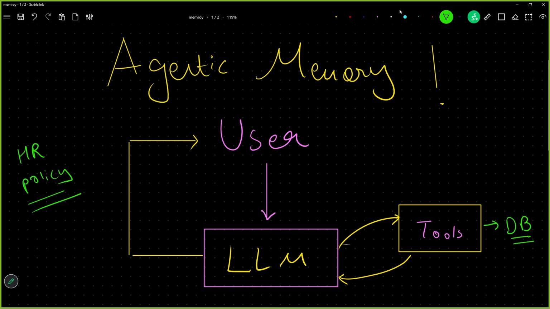Now, the moment user asks, tell me about the vacation policies. The moment user has asked this message, the large language model will think, is the user trying to make a conversation? Is the user telling his name or conversation? He's trying to make a conversation. Or is he asking me some HR related assistance? So question about vacation policy is a HR related assistance.